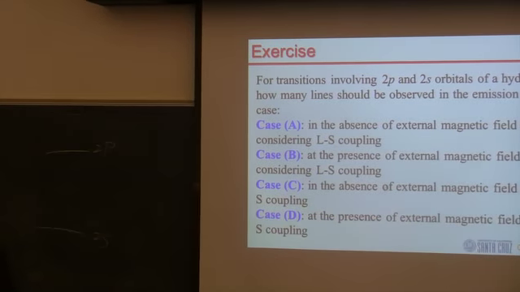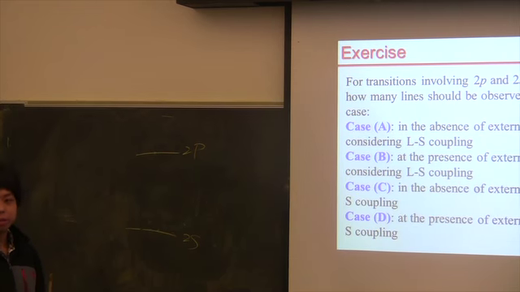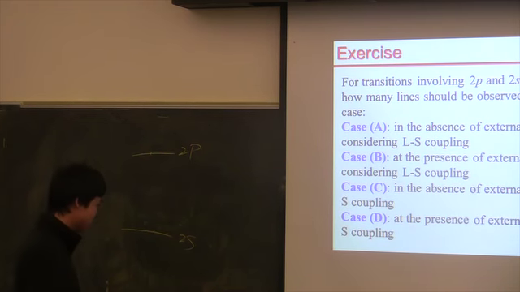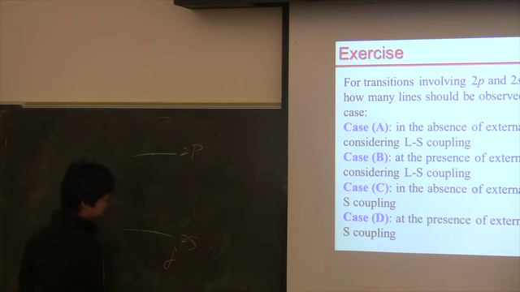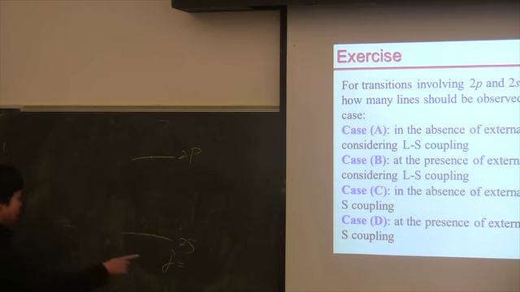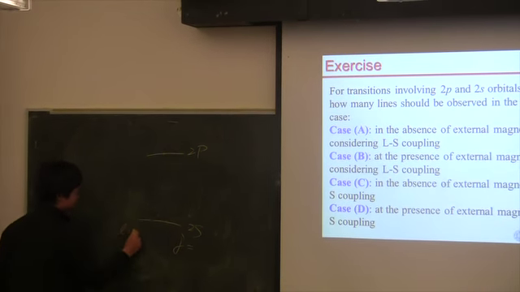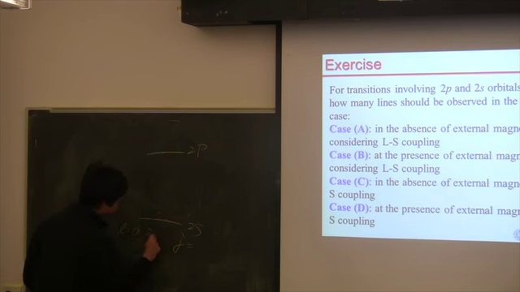But now, considering LS coupling, the energy state will split. And the energy will split according to what number? J. J number. Okay. For the 2s orbital, what's the J value? Well, we need to do some evaluation, right? So the L equals 0, S equals 1/2.